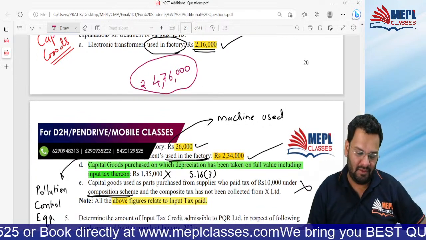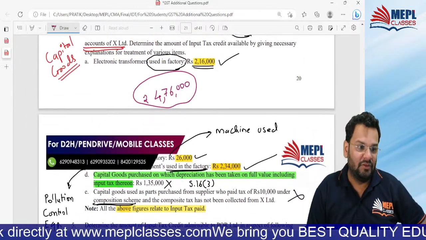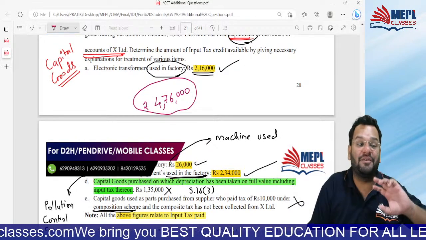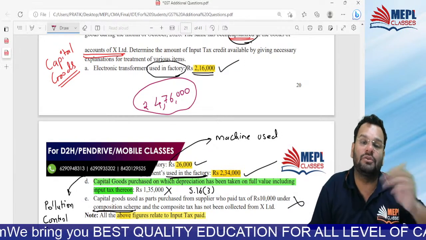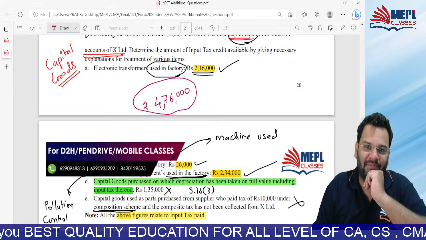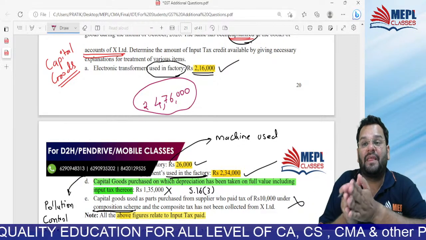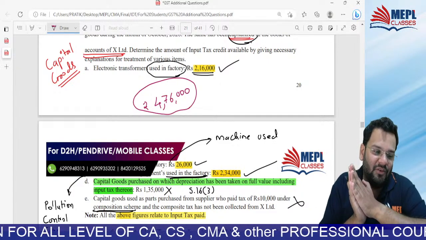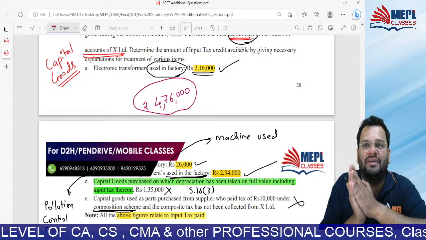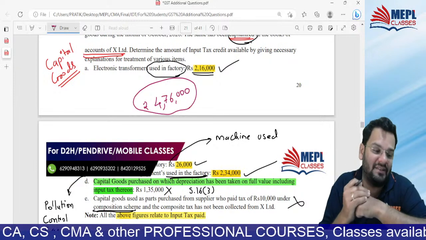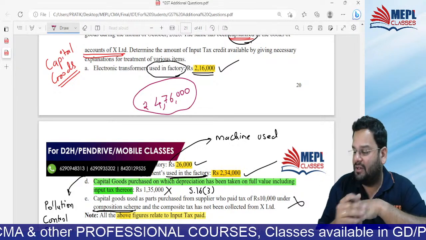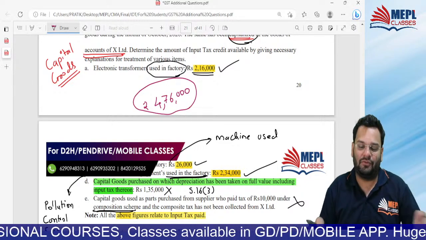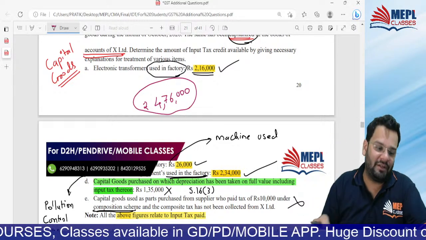Okay, great, good. So if any doubt, please let me know. Otherwise, we are going to go ahead to 16.4. Slowly, steadily, this section 16 is getting done, which is eligibility and conditions of ITC. Very good, Monica ji, for the answer, 4,76,000. Wonderful. Keep this involvement.